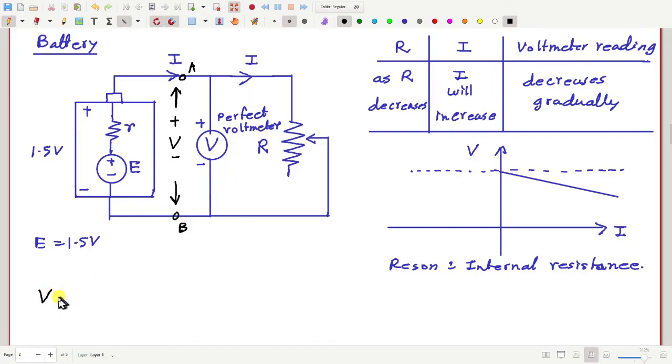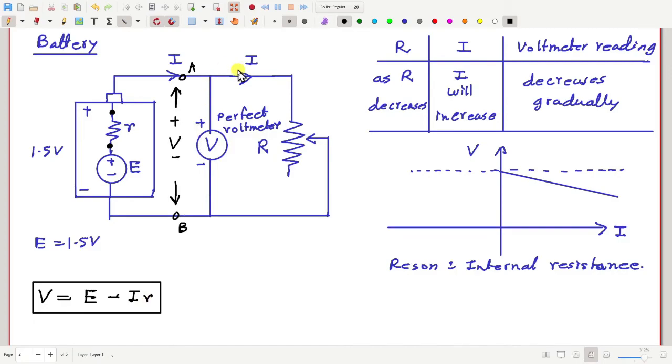What can we write? 1.5 minus I into R. Absolutely right. E minus I into R, because the IR is the voltage drop across this small resistance R. So this is the relation between the terminal voltage, the outside voltage, and the EMF and the current that is flowing.